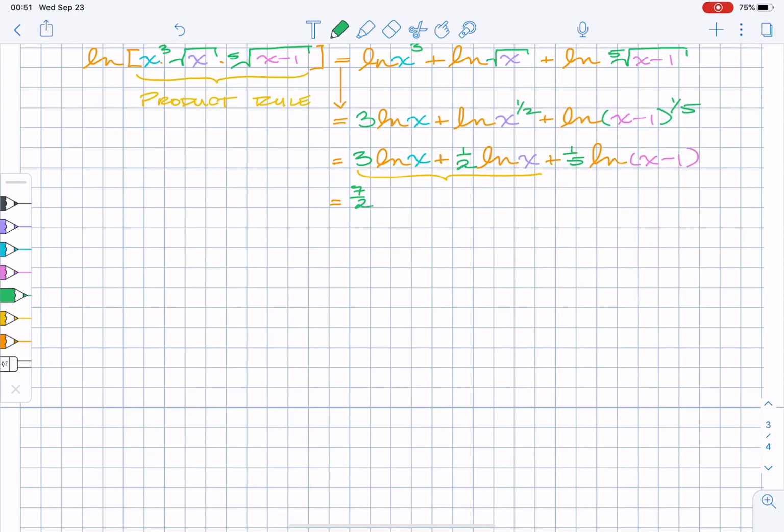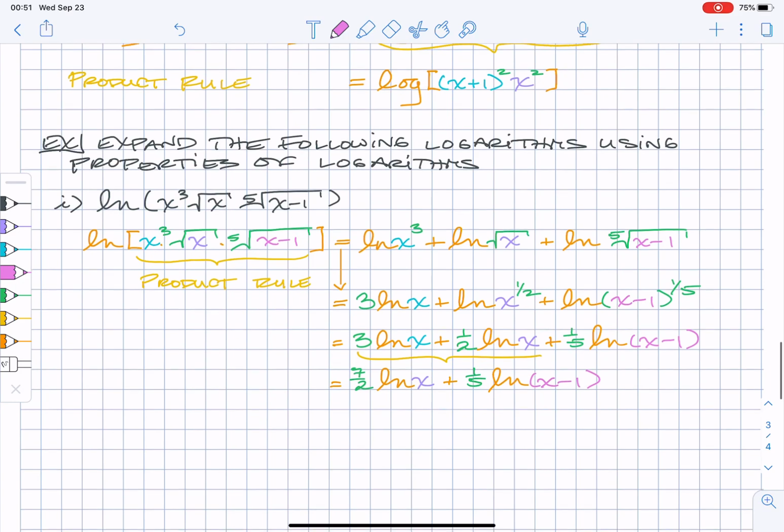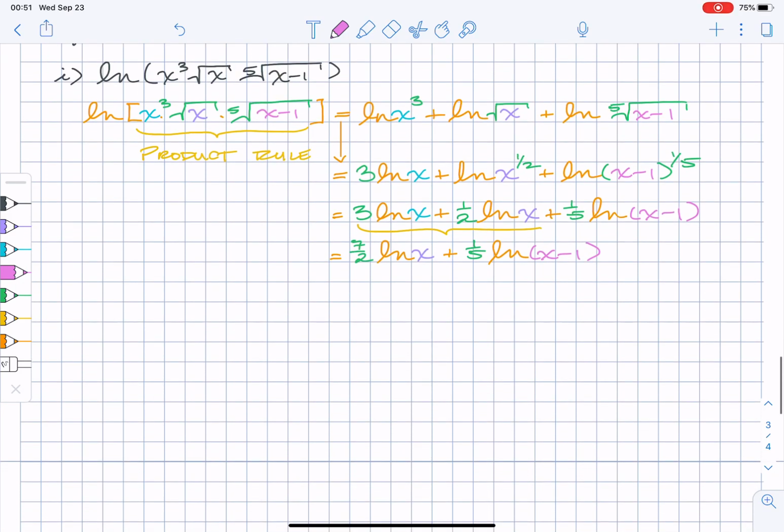So this is 7/2 natural log of x, to which I'm adding 1/5 natural log of the quantity x minus 1. Okay, so that's as expanded as possible, while also adhering to the rules of math. Well, let's do number 2.